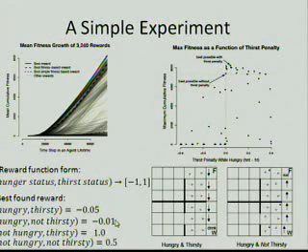The reward function maps the agent's hunger status and thirst status to a scalar in the -1 to 1 range. So we search over 3,240 of these rewards. We find that the best reward has this form. And from the first graph, we see that it does significantly better than most other rewards.